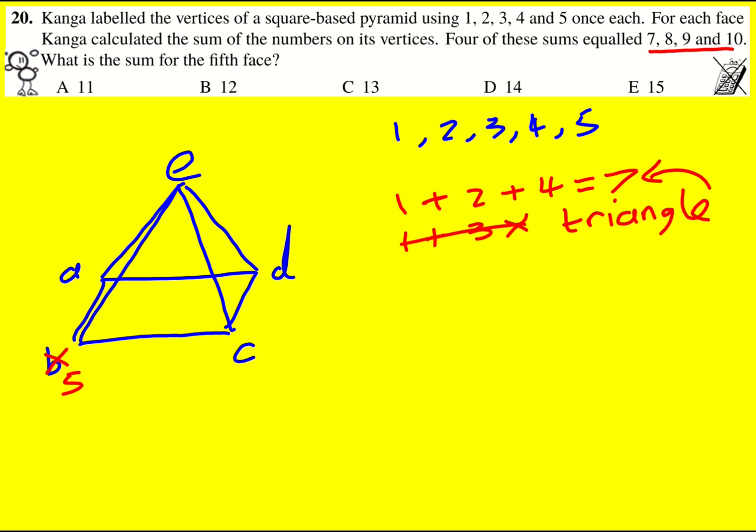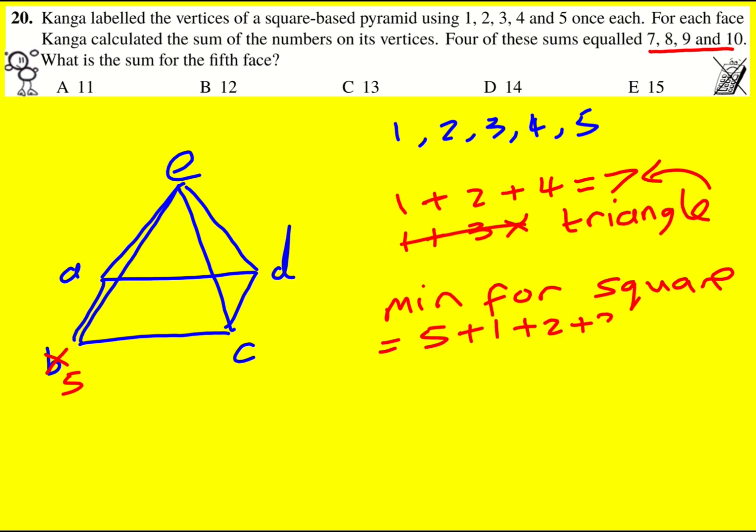Now, this is quite tricky to realize, but what is the minimum I could get for the square when I add it up? Well, because we've got quite a big number on the square now, the minimum for the square is going to be 5 plus 1 plus 2 plus 3, which is 11.